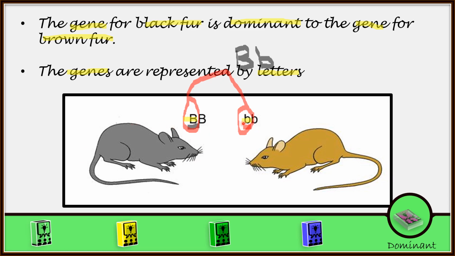When gene small b and gene small b appear together, then we shall have brown fur. So the genes are represented by letters, capital B and small b.